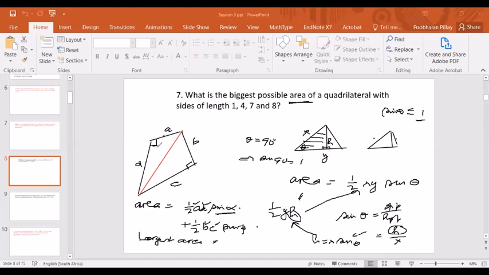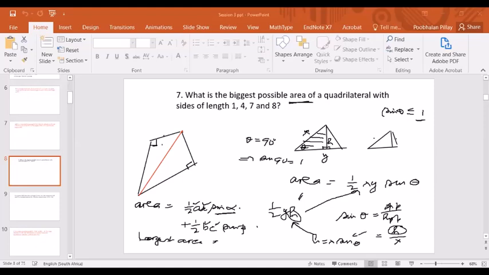So for the largest possible area, this has to be 90, and this has to be 90. Now that allows us to say what A, B, C, D are possibly. Let's go back to this. Remember we just put symbols for these to conclude that the largest area occurs when these two angles are 90 degrees.